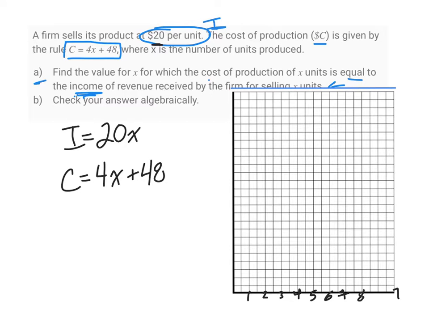The next thing I'll do is, because going up by ones might be impractical, I can see that I'm going up by 20s each step. I know my income is going to go up by 20 each time, so I could use a scale of 20 for my cost. If you wanted to, you could even use tens, just to scale it down a bit, and I'll use tens just for the sake of showing. So I'll go by 10.